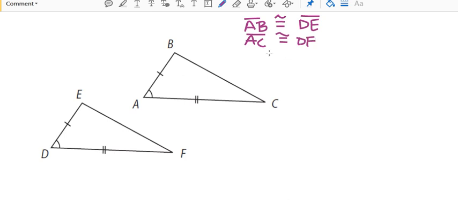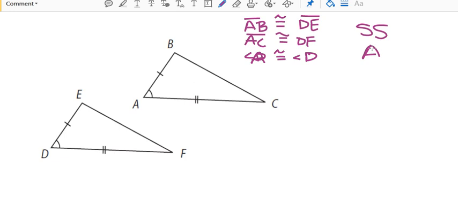And I also know that angle A is congruent to angle D. So knowing this information, this is two sides, and this is also an angle.